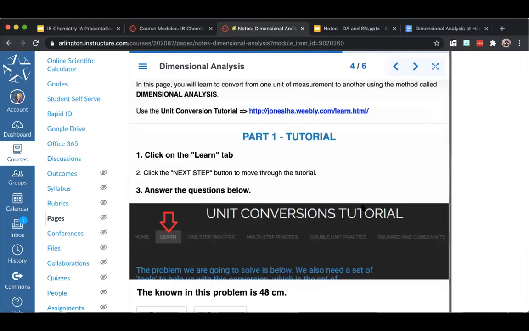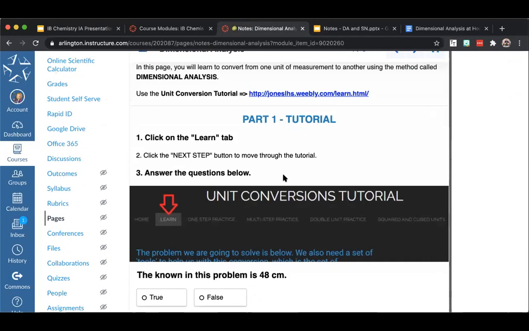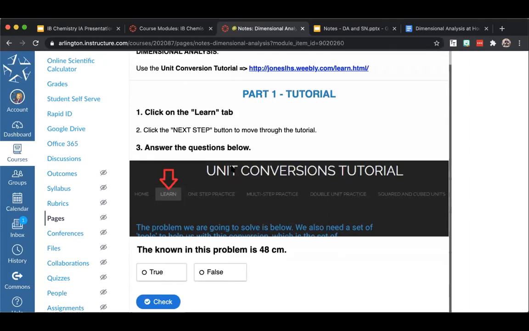And then there's actually another tutorial. It's online, it's interactive. So if you would like to do more practice problems, then definitely work through this. There's a tutorial part of it, and then there are parts where you can practice doing one-step problems and you can practice doing multi-step problems, okay? So there's a lot of different ones on there. It's going to tell you to go through and do the tutorial one, the learn.